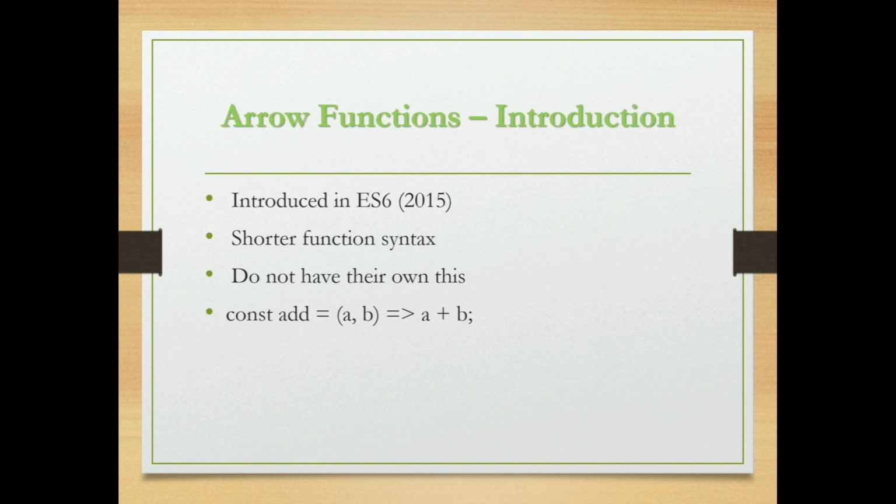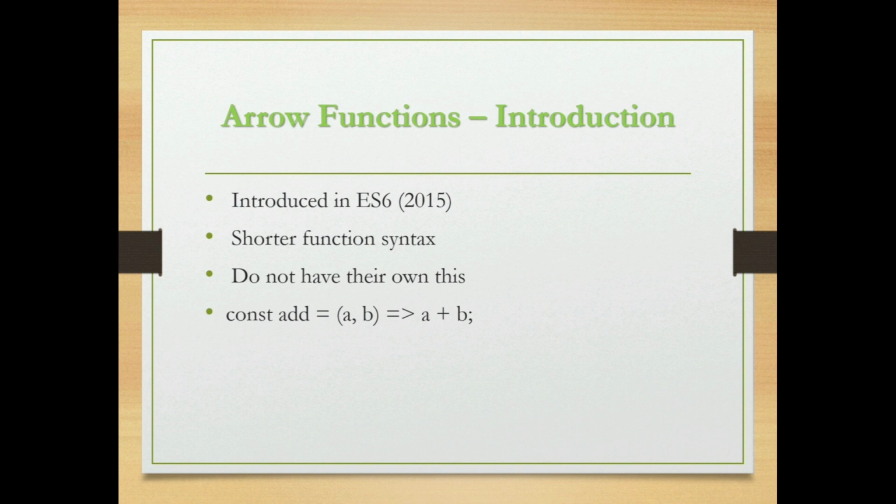Using one variable as constant, I am adding two values a and b. Here is the simple syntax for an arrow function. I am taking a comma b. To add values a and b, we can use a plus b. Before that, I am taking one arrow function using equal to and greater than. This is the syntax for an arrow function.